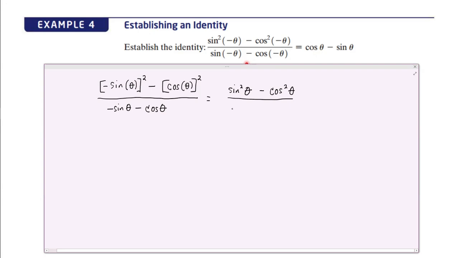And I'm going to factor a negative out. And that way I can write this as sine theta plus cosine theta. Because on top here, what we have is a difference of squares, a squared minus b squared. So I can write that as sine theta plus cosine theta times sine theta minus cosine theta.